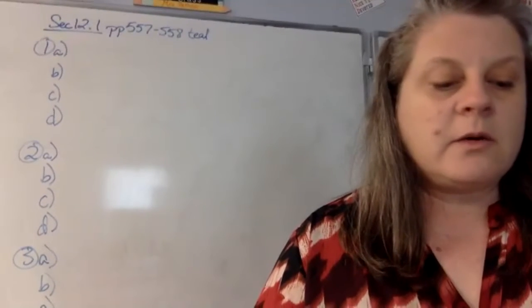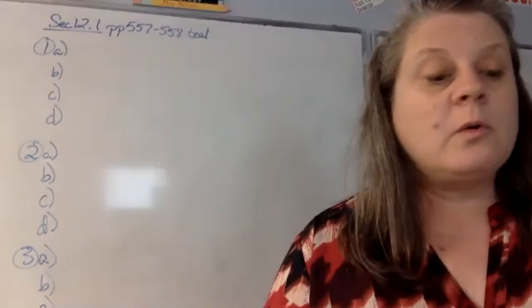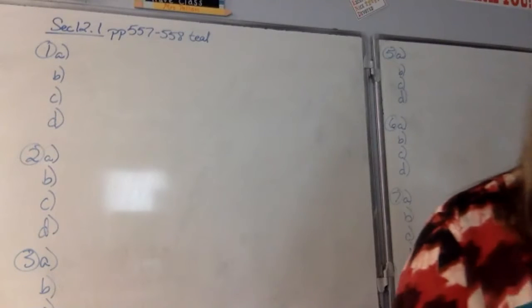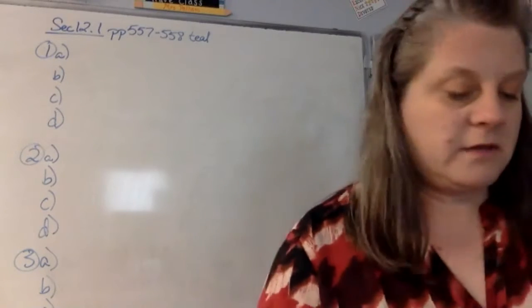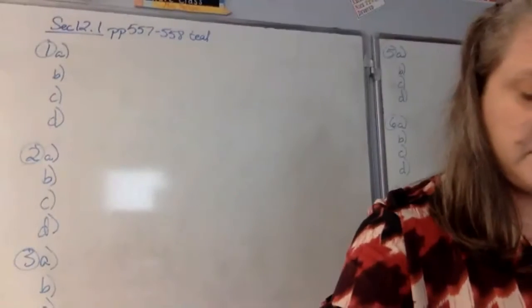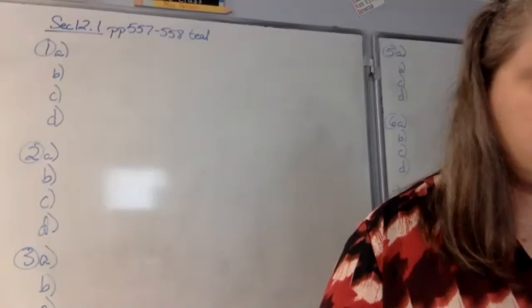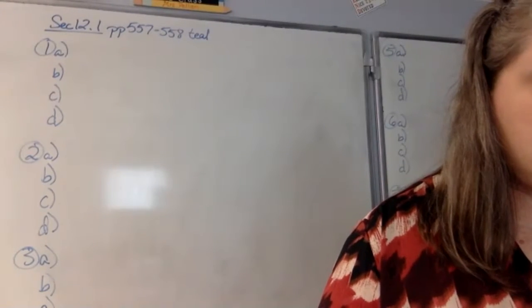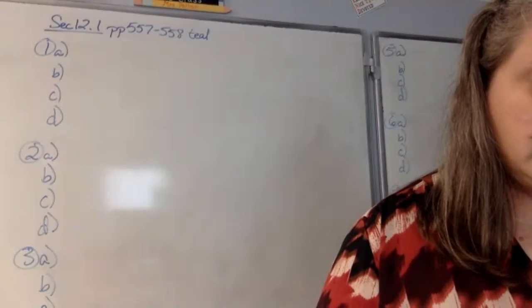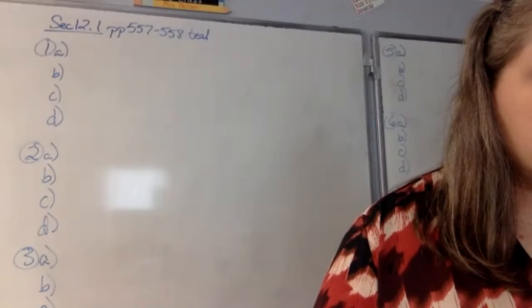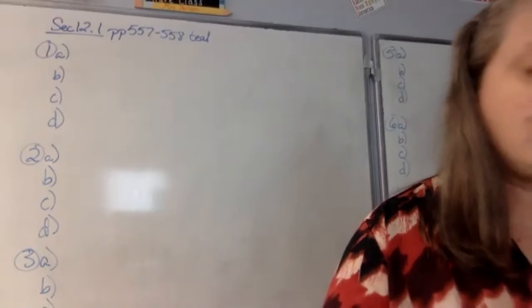So quantity is number, quality is category. And then we get into even more definitions, but we'll use those for the last 3. So let's flip to page 557. Because we're going to focus on the population, the sample, the variable, which is what we're studying, and then whether it's quantitative or qualitative.